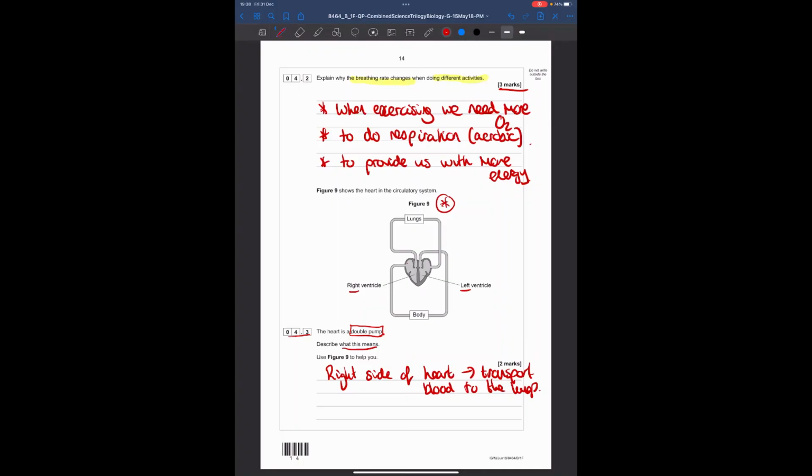And then it delivers that oxygenated blood to the left side of the heart, which then pumps it round the body again. So the left side of the heart, its job is to transport oxygenated blood to the body. So the right side of the heart pumps it to the lungs to get the oxygen, the left side of the heart then pumps that oxygenated blood around the body. So it's a double pump system.